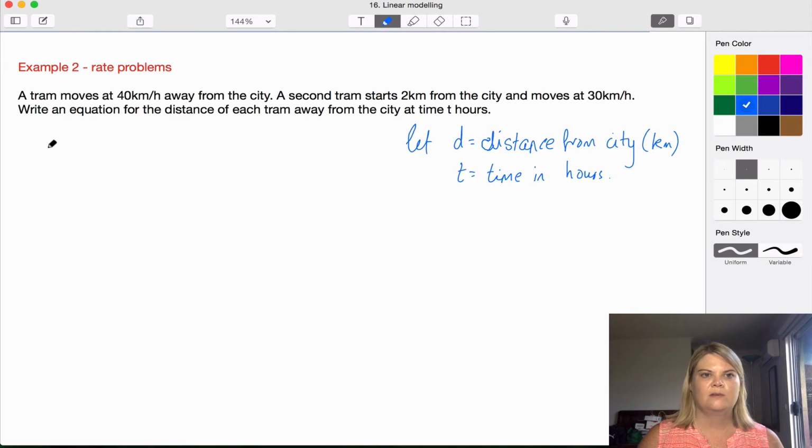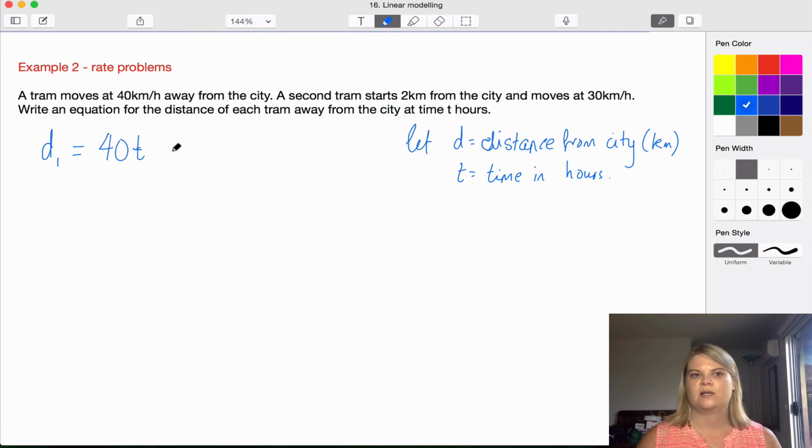So the first tram, I'm going to call it D1, distance 1, is moving at 40 kilometers per hour. So this is the rate, it goes in as the gradient, 40 times t. Again, if you weren't sure, you could think about, after 2 hours, how far has it traveled? It's going to be 40 times 2, so 40 times t.